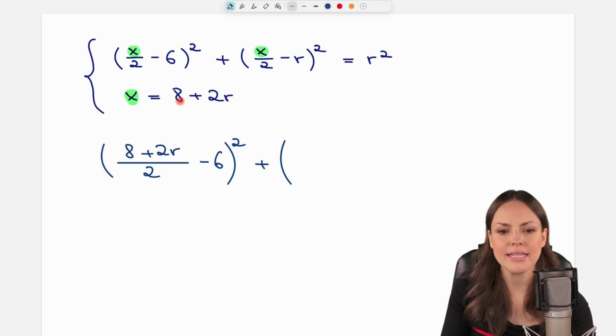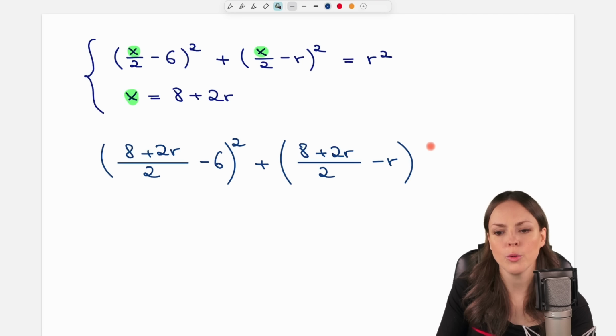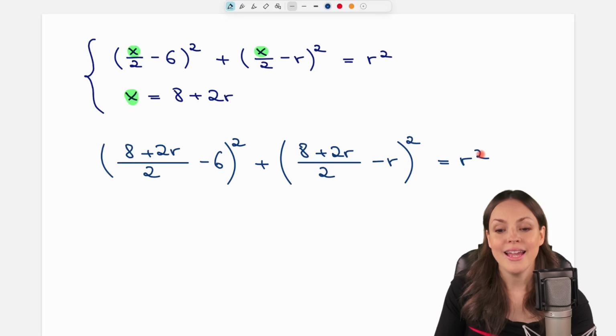We replace it by 8 plus 2r divided by 2. This time we subtract the r, but we also square it, and then on the other side we have r squared. And now we only have one equation and one variable in here.